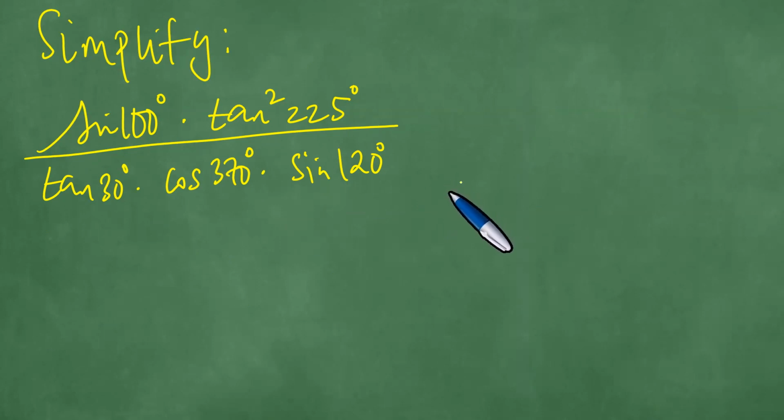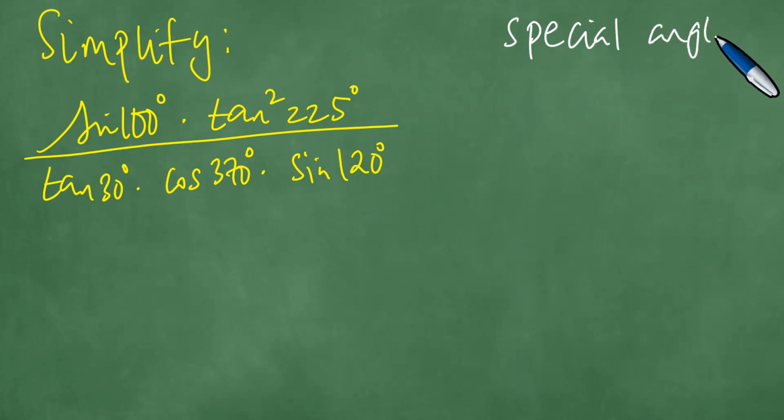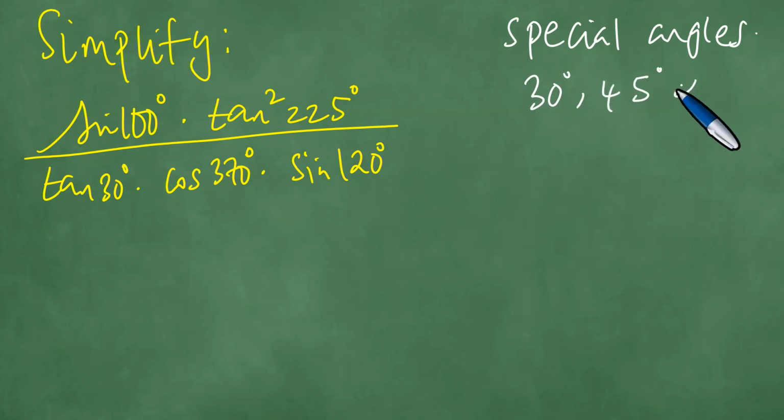Right, we need to simplify these, but on the side, I want to mention the special angles. What are they? 30, 45 degrees, and 60 degrees.